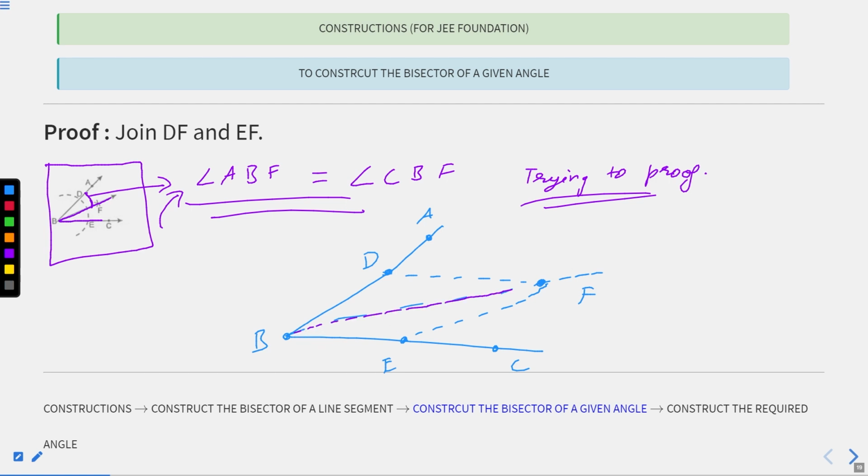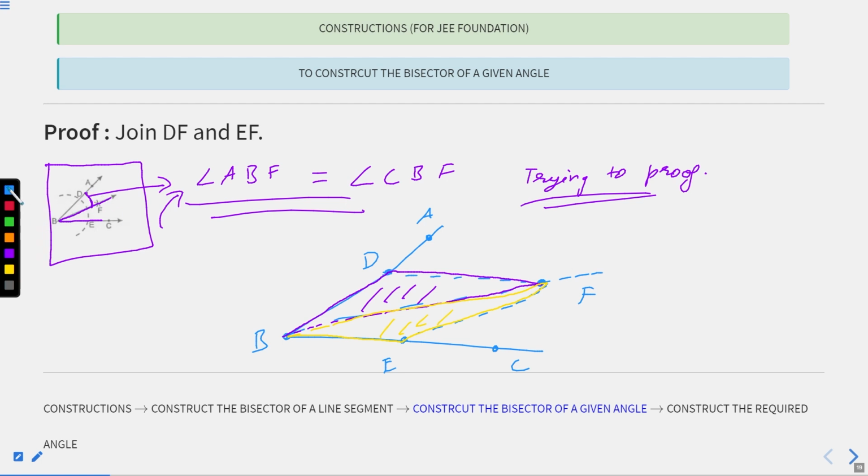Using triangle BDF and triangle BFE, we have two triangles: the first one is the yellow triangle and the second one is this purple outline triangle.